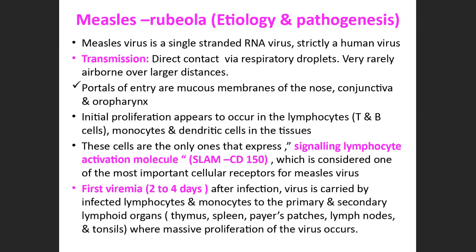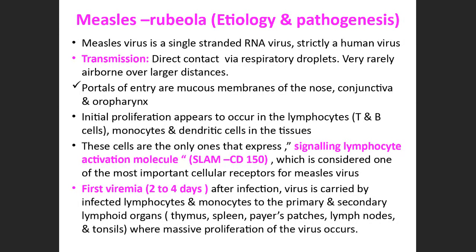The portal of entry is through the mucous membranes of the nose, conjunctiva, and oral pharynx. Initial proliferation occurs in the lymphocytes. We all know what lymphocytes are: T and B cells, monocytes, and dendritic cells. In these cells, the initial proliferation of the virus occurs.